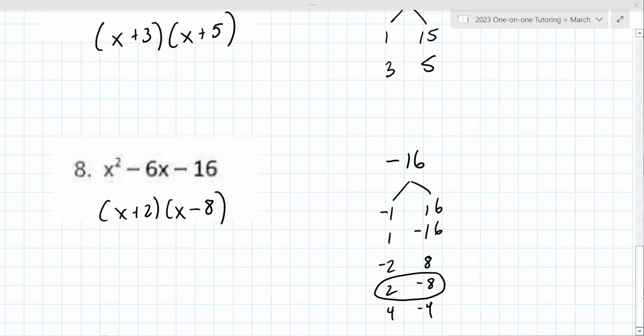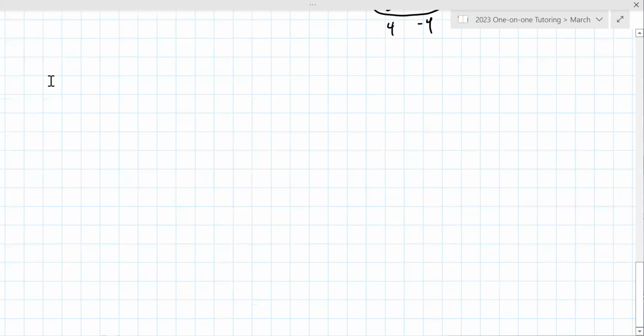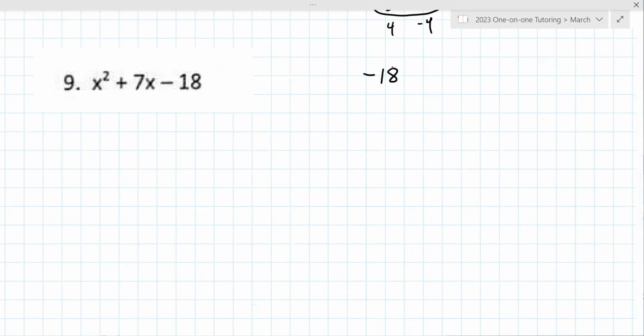Okay, so let's take a look at 9. X squared plus 7x minus 18. Your focus has to immediately go to that minus 18. That means that 1 is positive, 1 is negative. So I'd like you to try to figure out which 2 numbers multiply to 18.